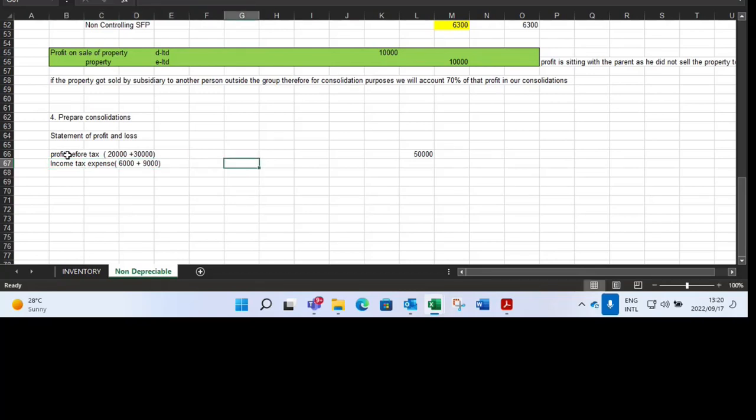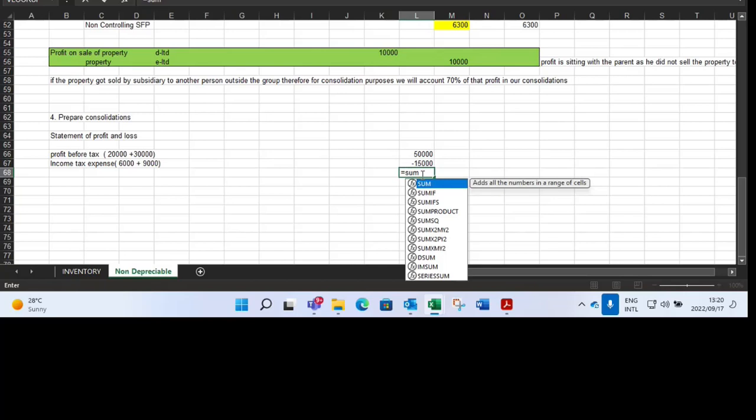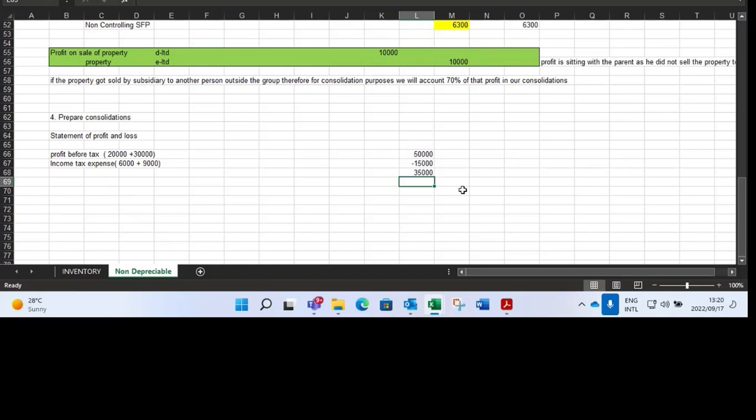Then we have the profit before tax will be 85. Is it 85 or 25? Oh, sorry. Remember we must also take out the profit here, the unrealized one we eliminated, which the profit was realized by the parent. So you must also minus the 10,000 here. So we remain with 40. We still happy?